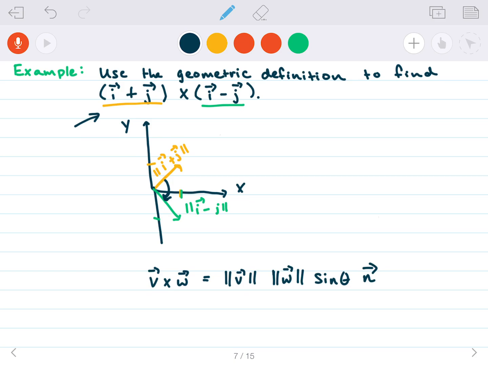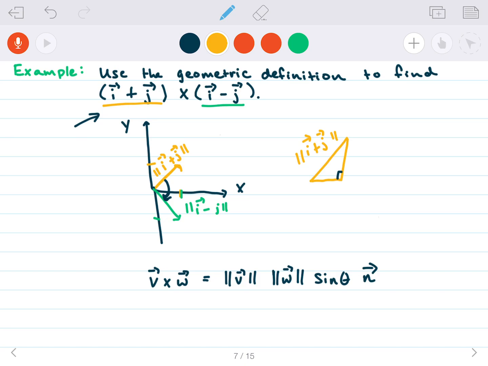Okay, so how do we figure out what that angle is? Well, if we draw our triangles off to the side, so we have this triangle where the magnitude of i plus j is going to be on our hypotenuse.